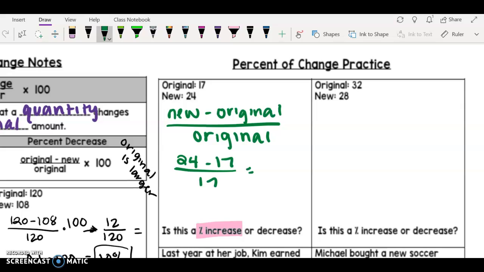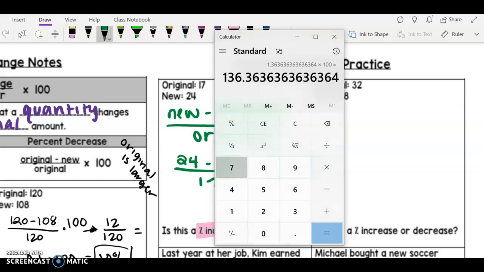24 minus 17, 7 over 17. So now I'm going to do 7 divided by 17 and then times 100. So 7 divided by 17 times 100.